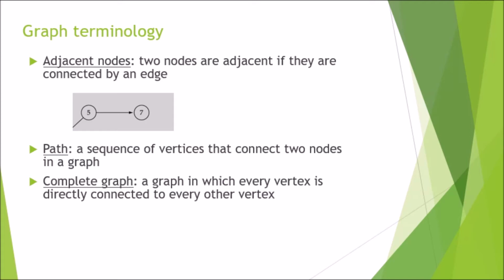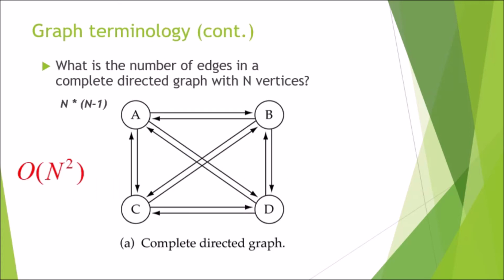Let's see a complete graph. Here we can see the diagram in which a complete directed graph is represented. Here we can see that each node is connected with other nodes using an edge. But as it is a directed graph, there will be two edges connecting each pair.